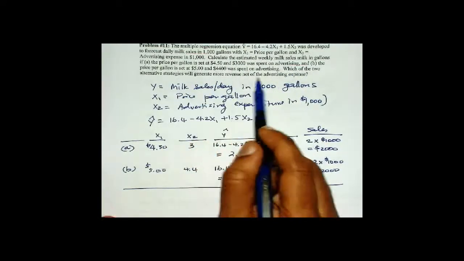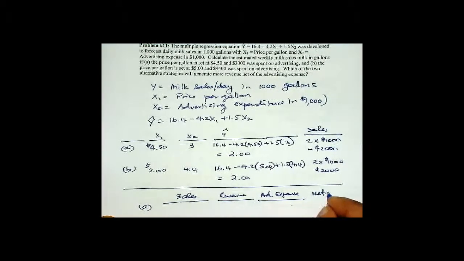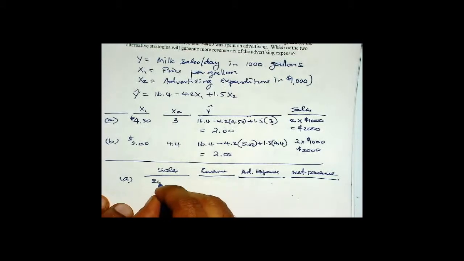But we are also asked which of the two alternative strategies will generate more revenue. So we have A: sales, revenue, advertisement expense, and then net revenue. For A, sales is 2,000 gallons.